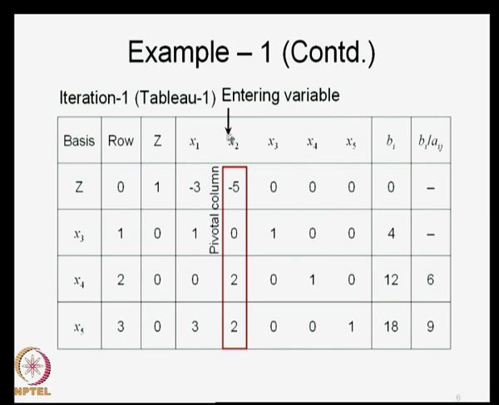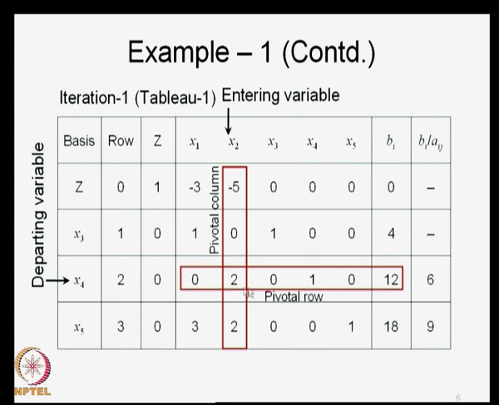We have identified the entering variable. Now, we are going to identify the departing variable. The departing variable is the variable which has the minimum value of bi by aij among all the values that you have calculated. These are positive values. So, this becomes the departing variable, and we identify this as the pivotal row.